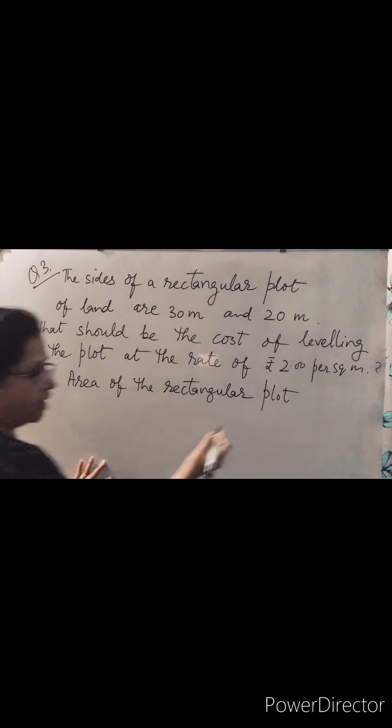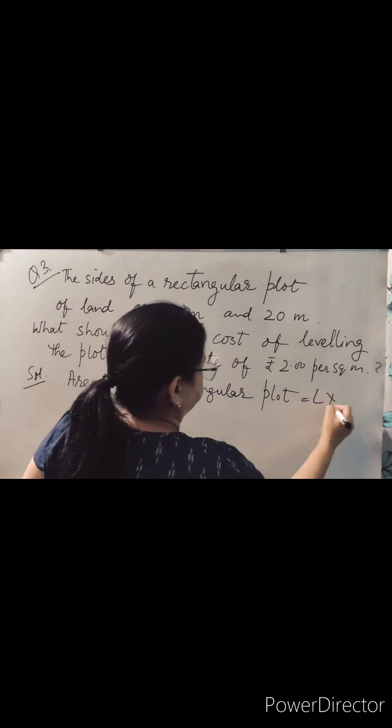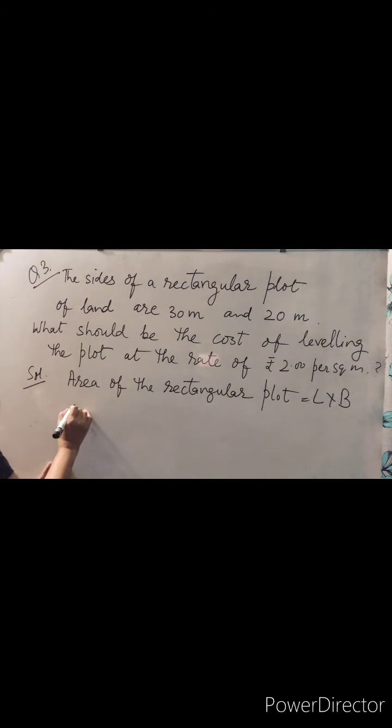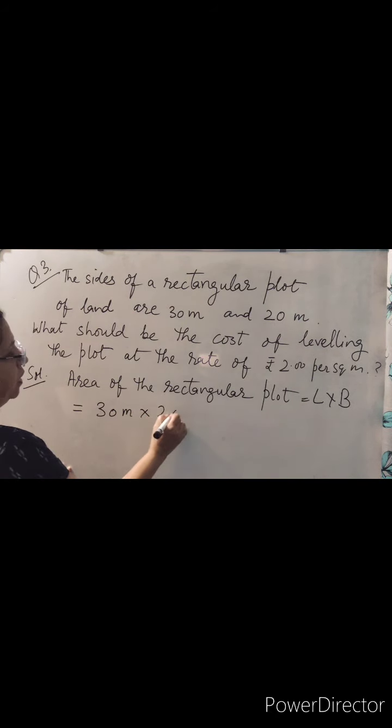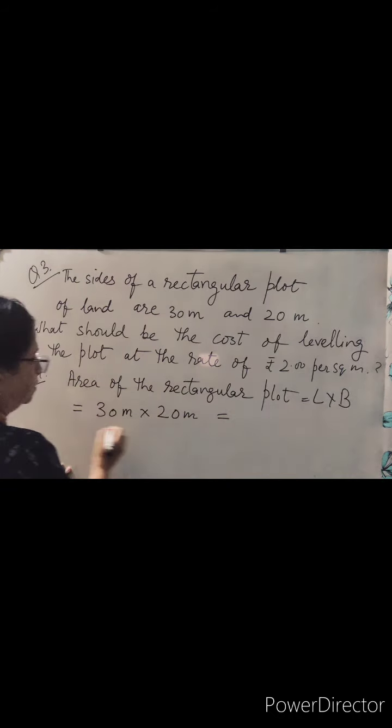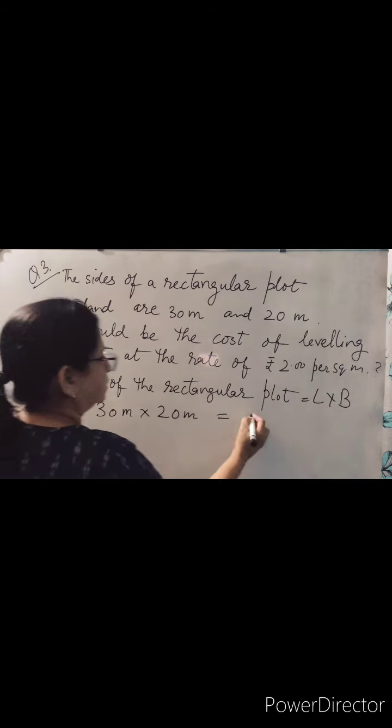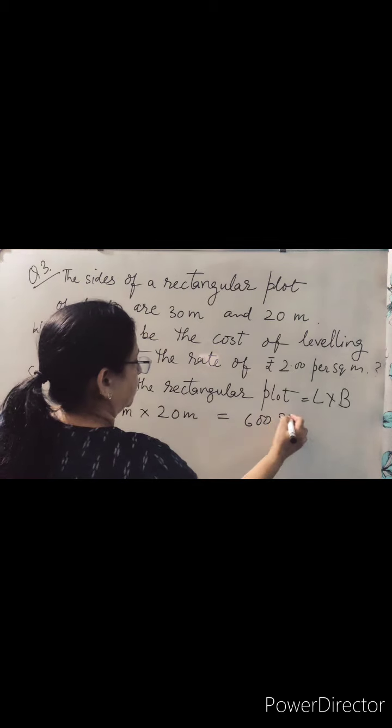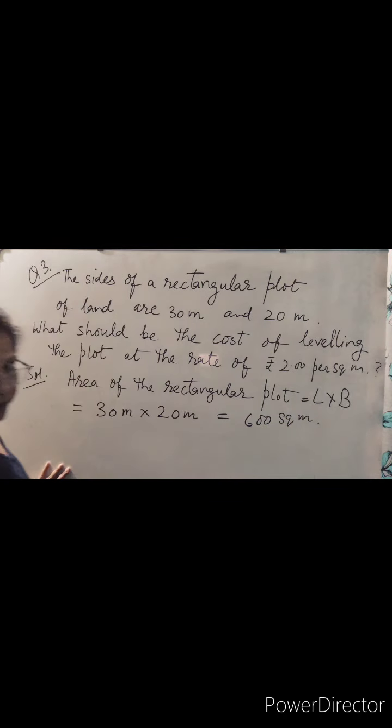The formula is L multiplied by B. So L multiplied by B means 30 meter multiplied by 20 meter, and you will get 600 square meter is the area. Cost of 1 square meter is ₹2.